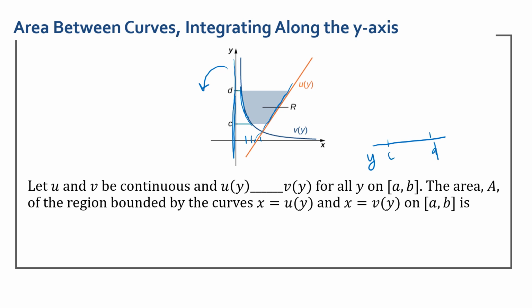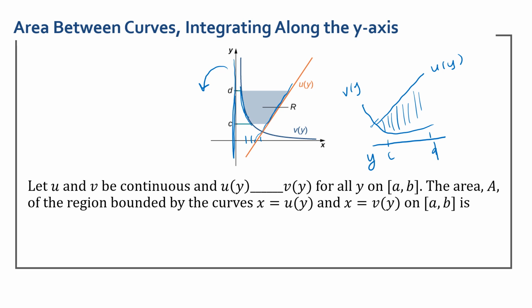But if you're looking at it in that kind of terms, you'd have this u of y on top, and then this v of y on the bottom. So you can see there's a clear area, one on top and one on bottom.